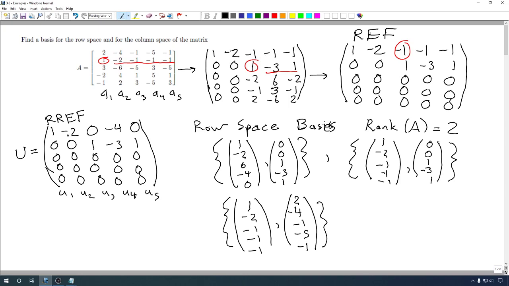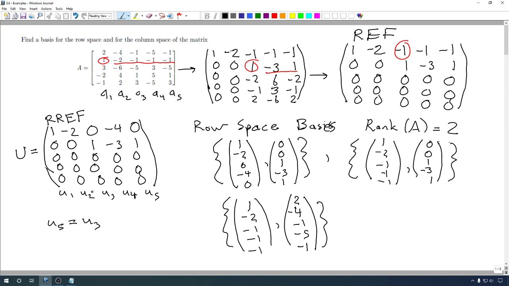And let's think about what relationships there are between the columns of U. So if we look at U3 and U5, those are exactly the same column. We could just say that U5 equals U3. We kind of want to reference the earlier vectors if we can.